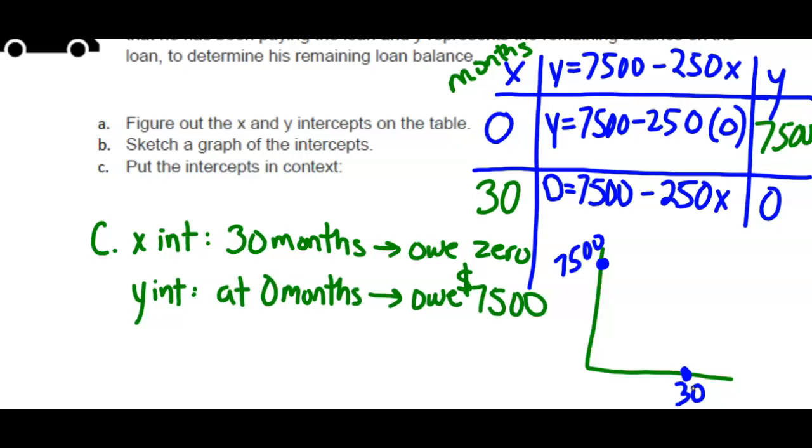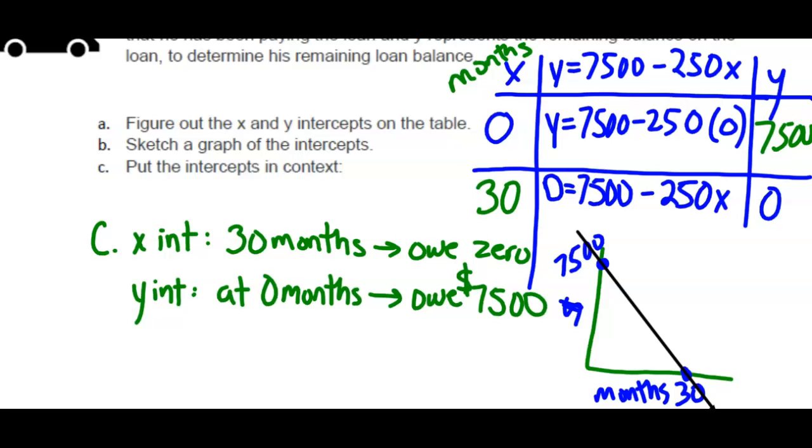This is number of months. This is how much I owe. Okay? And then I'm going to take my line and connect my dots. And that's it. Use a ruler to make sure your line is nice and straight. There we go. Okay. Good.